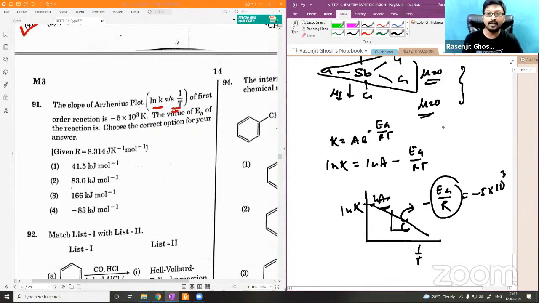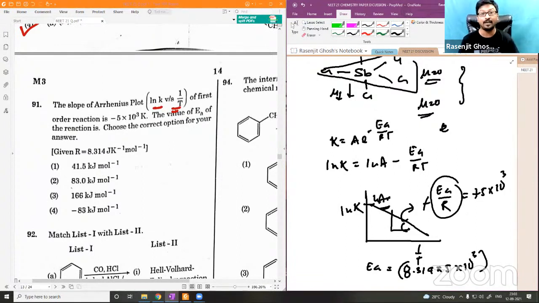If you do the calculation, Ea is equal to R, that is 8.314, multiplied by 5 into 10 to the power 3, as the minus will cancel out. You will get the value 41.5 kilojoule per mole. You will give the answer 41.5 kilojoule per mole.